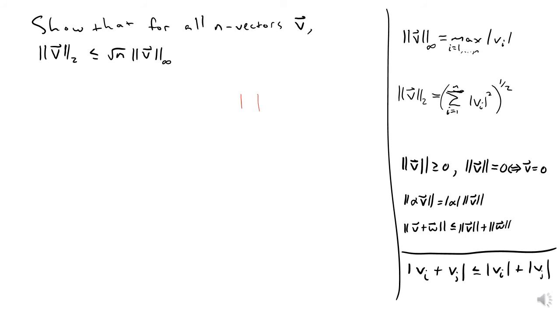I'll go ahead and start the same way I did the last one. If I square both sides, the inequality is still true. So this inequality holds if and only if the 2 norm squared is less than or equal to, if I square this whole right hand side, the square root of n squared will just be n, and then we've got the infinity norm of v squared.